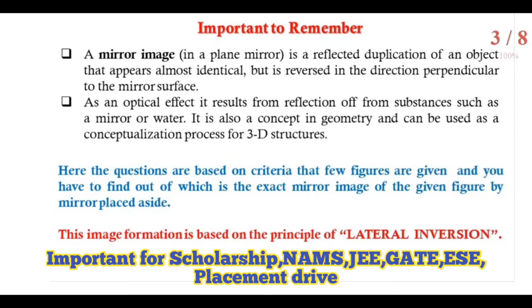Means the size of the reflected image is equal to the size of the object, but it is reversed in the direction perpendicular to the mirrored surface. As an optical effect, it results from reflection from substances such as mirror or water. It is also a concept in geometry and can be used in a conceptualization process in 3D structure.